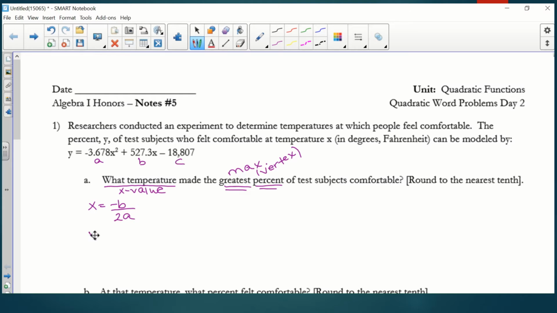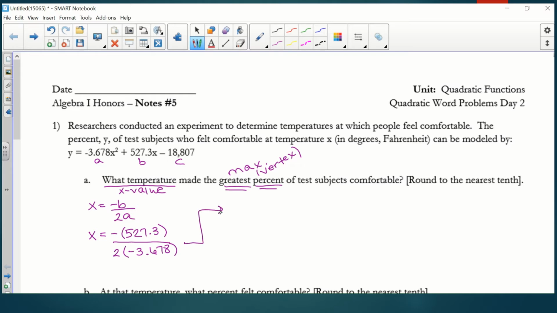So x equals negative b over 2a, that's negative our b value here, which is 527.3, and we're going to divide that by 2 times our a value, which is negative 3.678.